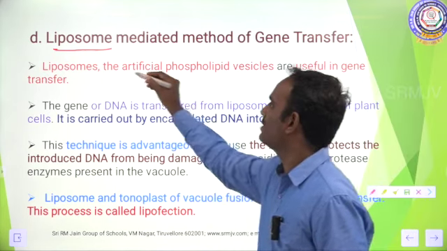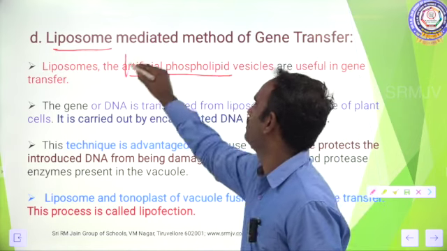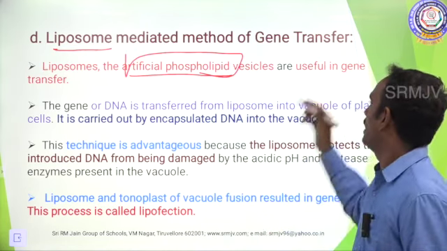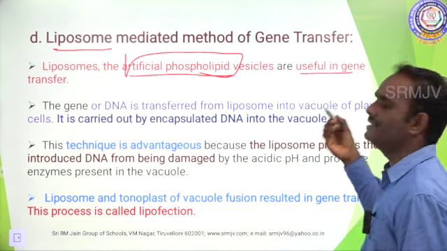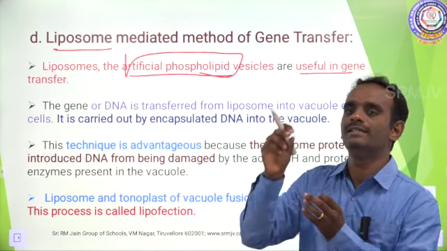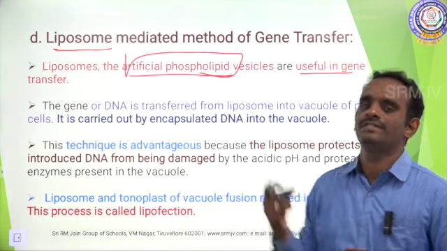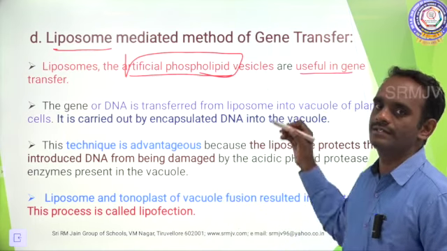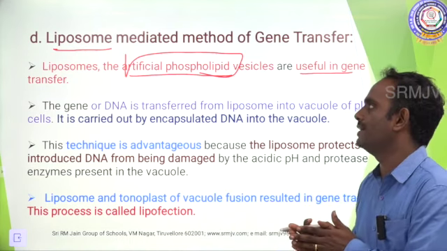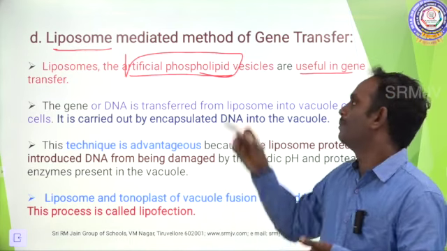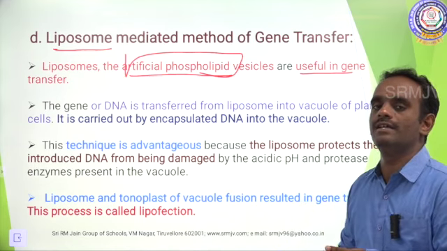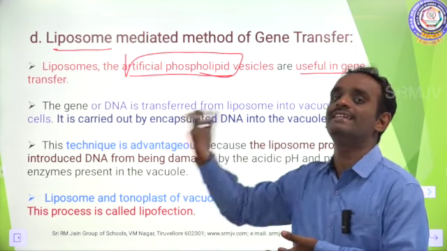Liposome is nothing but an artificial phospholipid. It is very useful in gene transfer. It is present in the plasma membrane of the cell. Okay. So phospholipid vesicles. Liposomes are nothing but artificial phospholipid vesicles. It is very essential, very necessary, very useful for gene transfer.